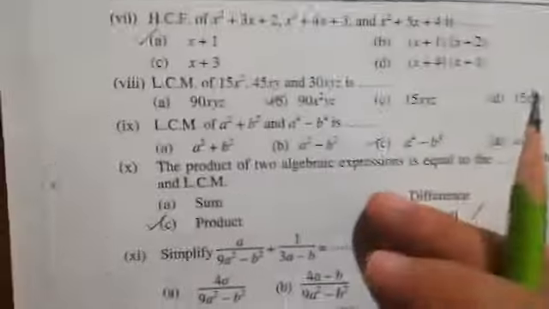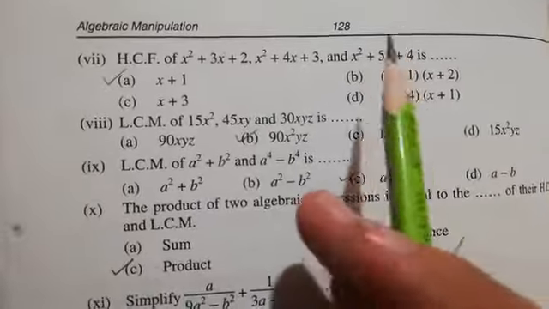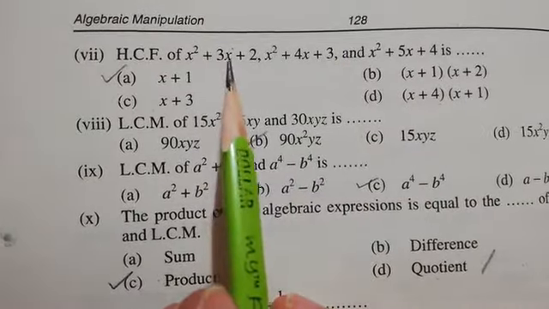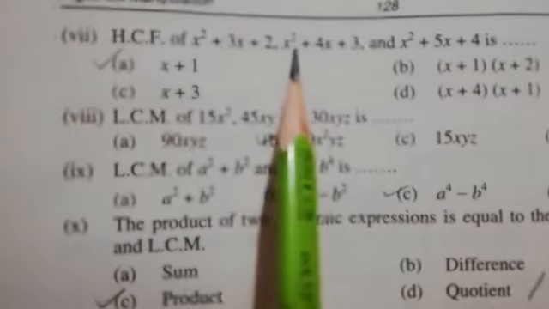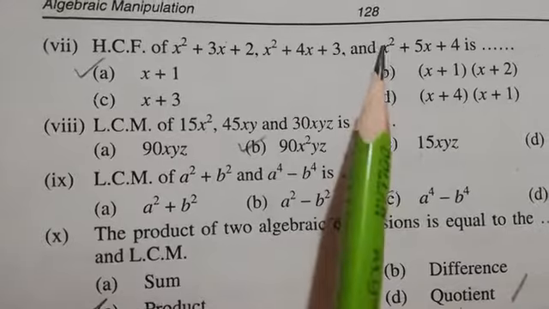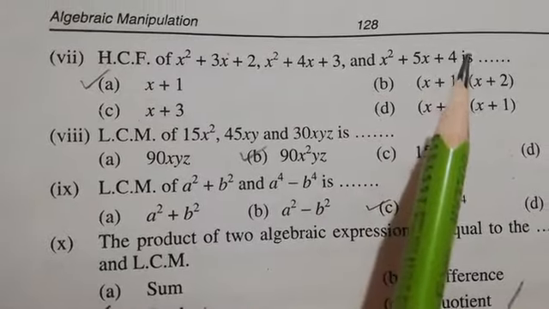Okay dear students, now we will move to MCQ number 7. ACF of x square plus 3x plus 2, x square plus 4x plus 3 and x square plus 5x plus 4 is.